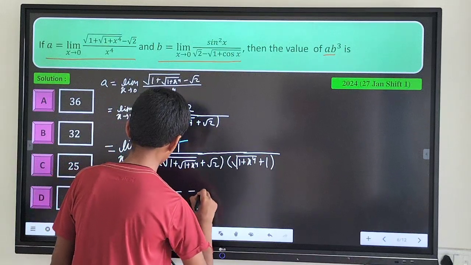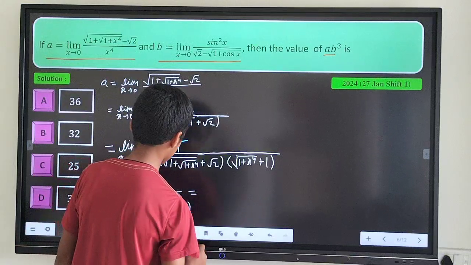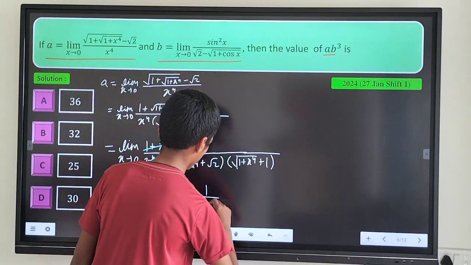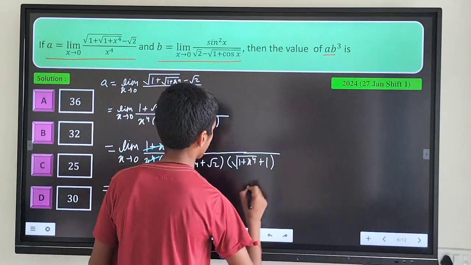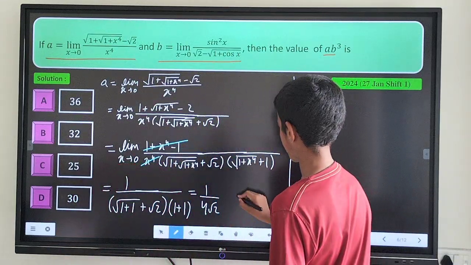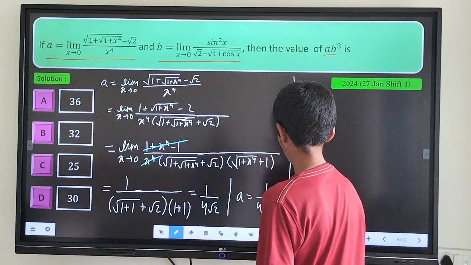So this will become 2 root 2 times 2, which is 1 upon 4 root 2. So we got our A as equal to 1 upon 4 root 2.